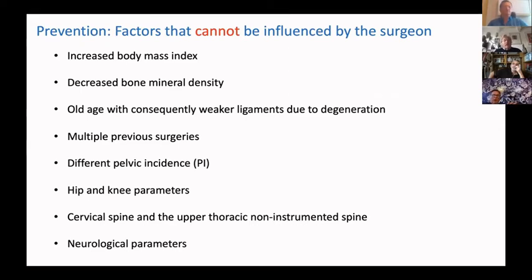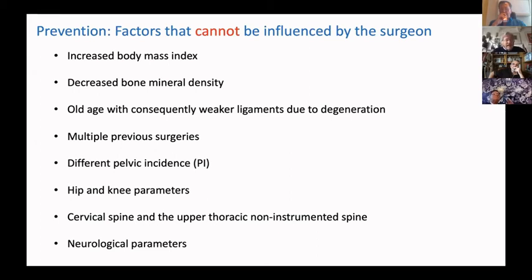And when we talk about that, we realize there are factors that cannot be influenced by the surgeon. Such factors are, of course, the increased body mass index. You can only say, I don't operate this patient. There is a decreased bone mineral density, on which we also have no influence. You can treat these patients, but usually you don't have time, because if you want to improve it, it takes a long time before you can say, now it's improved and we can do the surgery.